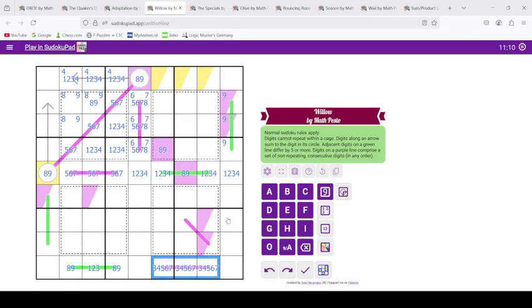Well, we know that we have 3 digits of 1, 2, 3, 4 staring at this group of cells. So at least one of these is a 3 or a 4. That's it. There we go. If this is a 4, that's a 5, 6, 7. And there's 2 more of 1, 2, 3, 4 over here, which breaks over here.